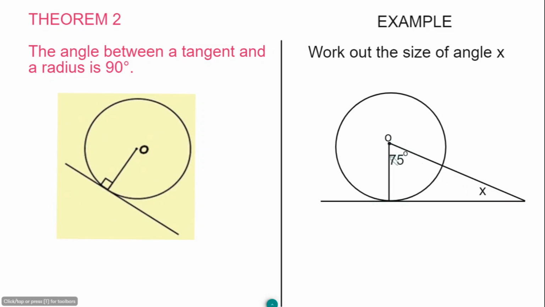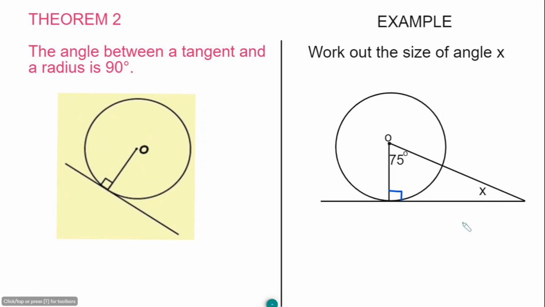But first, we need to understand that the line from the center of the circle, meeting the tangent here, will always make an angle of 90 degrees. So now we've got a triangle here, and to work out this angle X, we know these three angles, if you add them up, will be 180 degrees. So a very easy way to do this is to add up these two angles, 75 and 90, and then subtract the sum from 180 to get angle X.